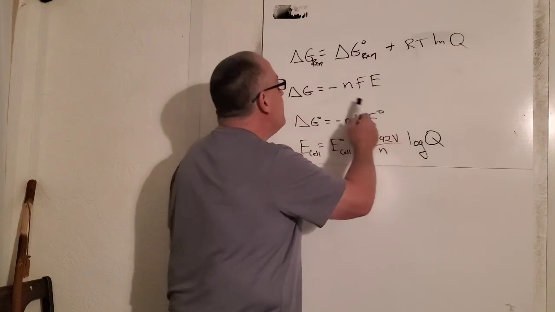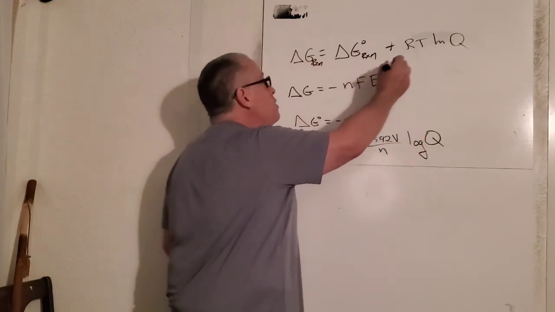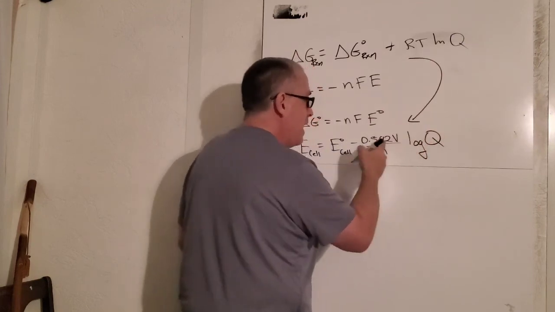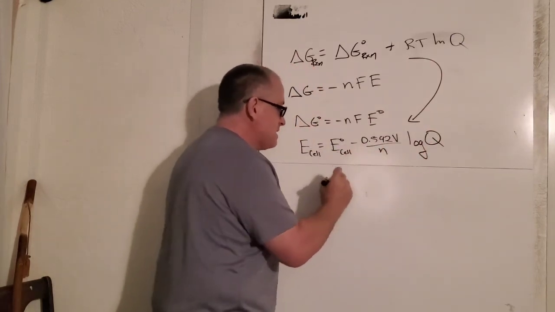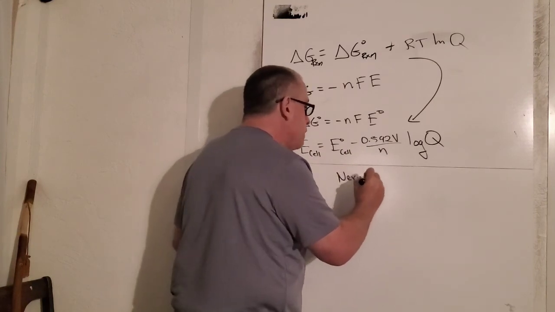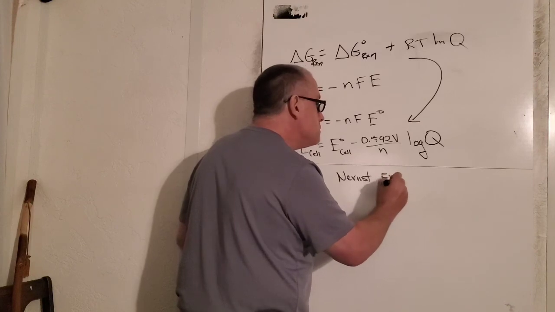Wait a minute, if I have natural log here, how do I get base 10 log here? We'll see. I hope I remembered the 0.592 correctly. But we're going to use this. This is called the Nernst equation.